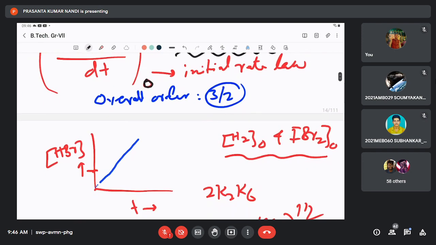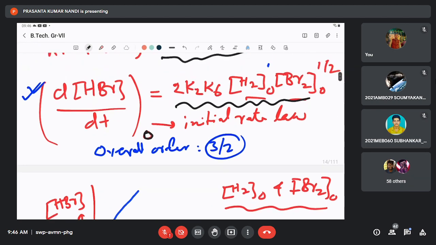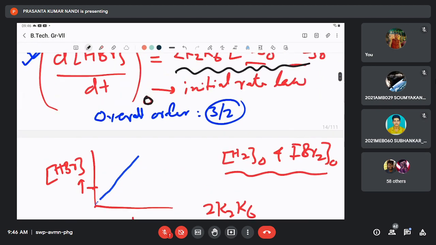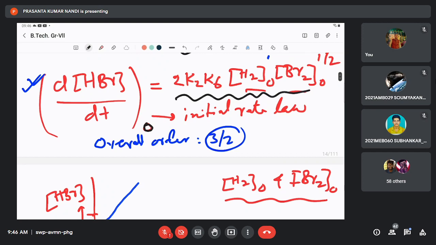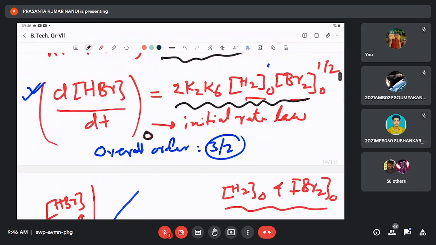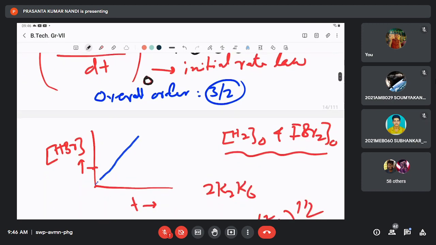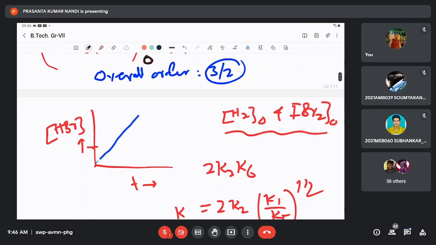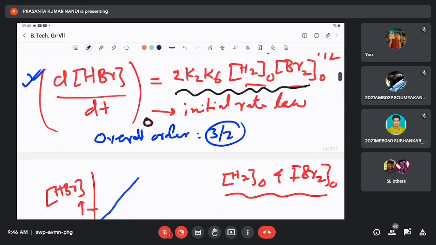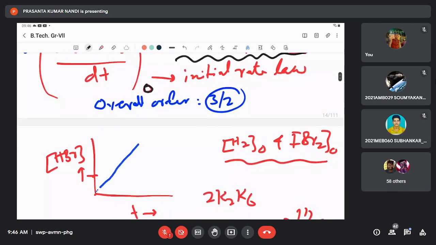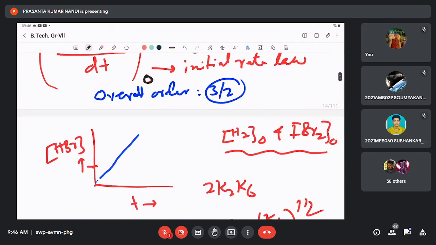Now, if you plot [HBr] versus t from this equation, what is the slope? Because [H2]0 and [Br2]0 have certain values, let us consider them as initial concentrations. So if you plot [HBr] versus t, which kind of reaction kinetics does it follow on the graph, can you say? Zeroth order.